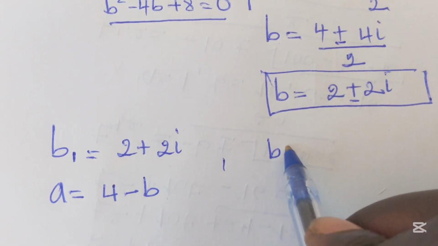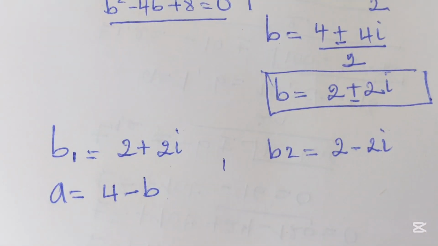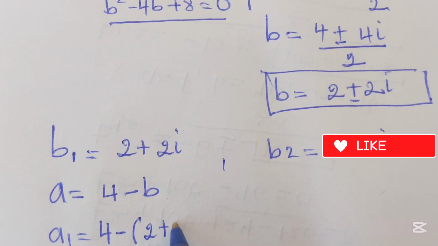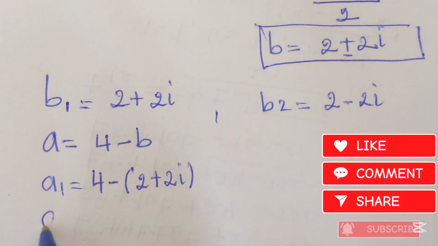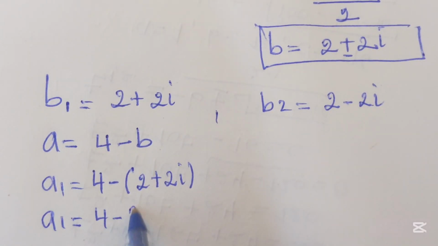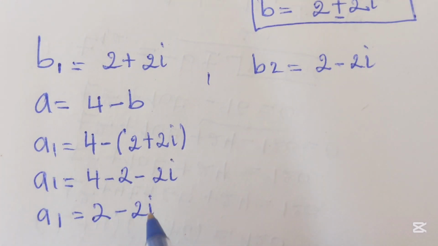Whereas here I have b2, which is equal to 2 minus 2i. Then here a1 will be 4 minus 2 plus 2i. Then a1 will be 4 minus 2 minus 2i. a1 will be 2 minus 2i.